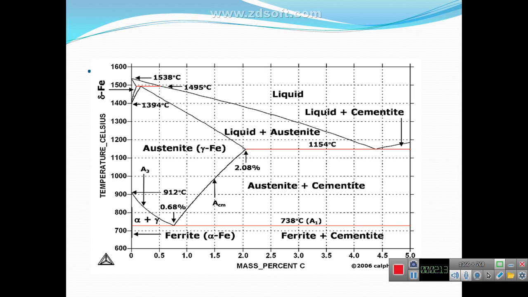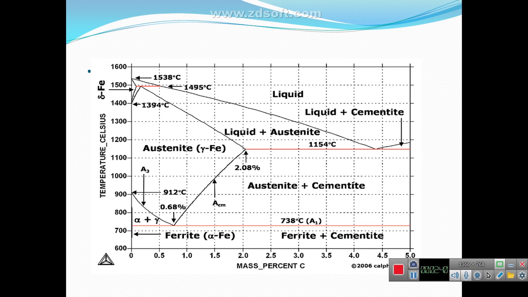In the iron carbon diagram, from room temperature to 912 degrees Celsius is a stable phase called the ferrite phase. It is ductile but not very strong. After 912 degrees Celsius to 1395 degrees Celsius, the structure transformed to a face centered cubic structure, a new phase called austenite.